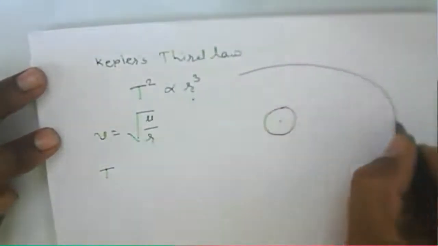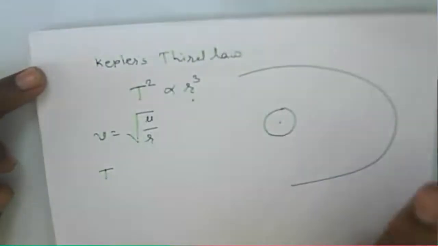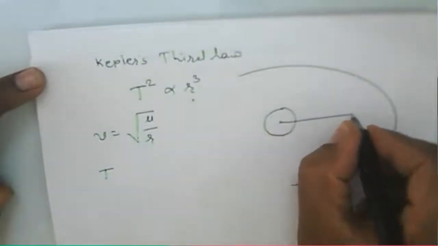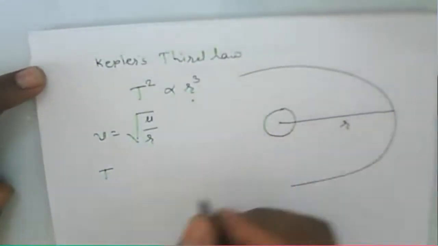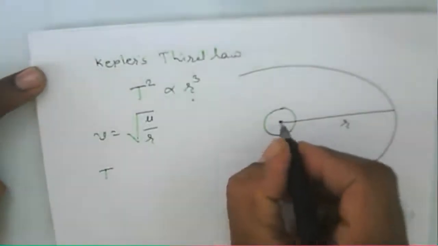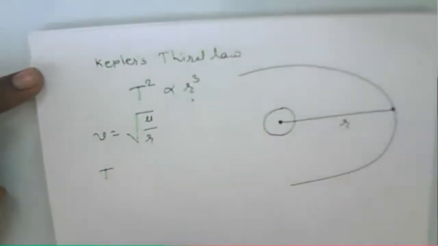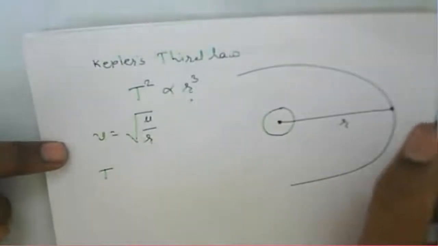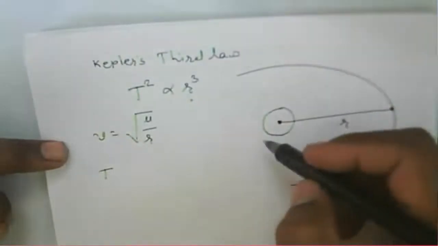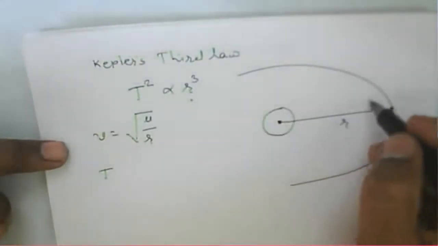See that this one is the Earth, the center of the Earth, and this is the orbit. Now this distance is nothing but r, from the center of the Earth to the orbit, which is the position of the satellite.